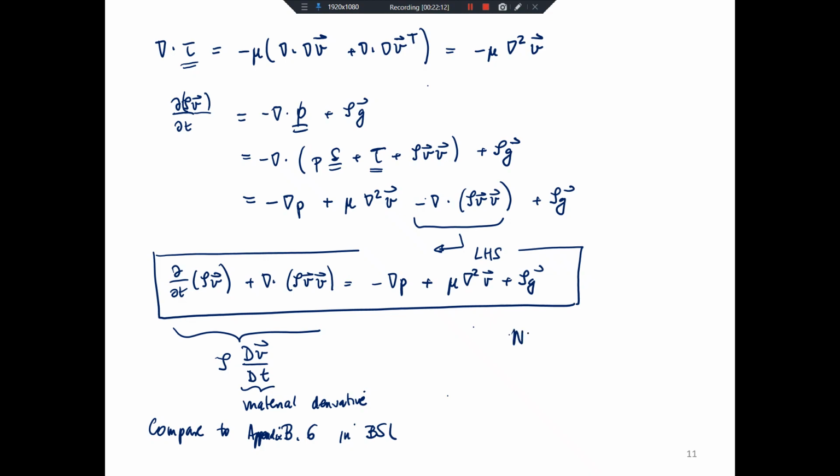So this is the Navier-Stokes equation. That is all. Let me know if you have any questions.